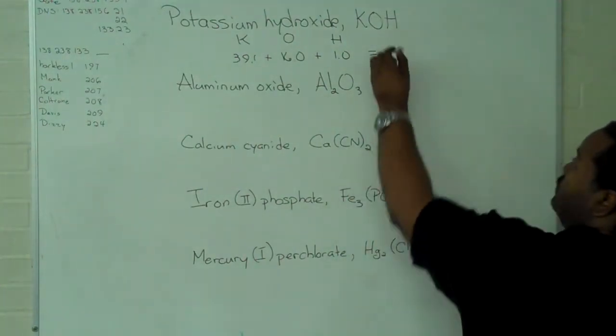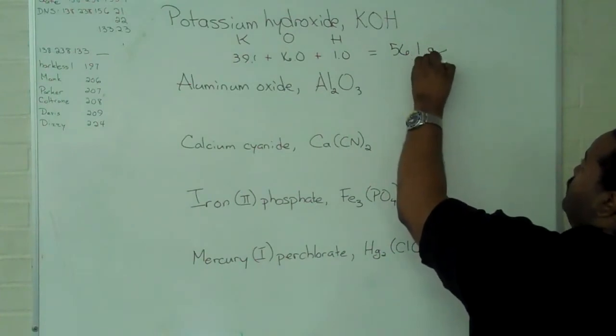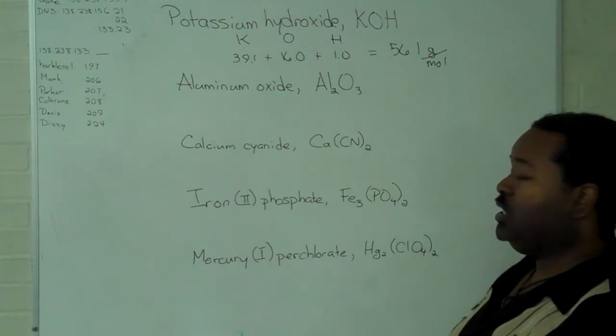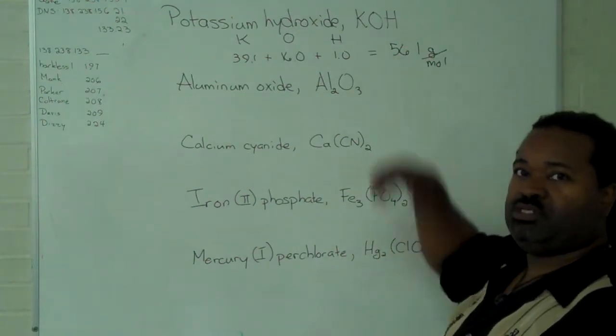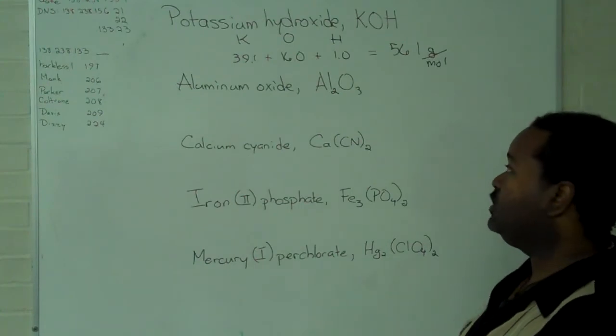And this will give us a total of 56.1 grams in 1 mole of potassium hydroxide. This one is very straightforward because you only have one copy of each element in the formula.